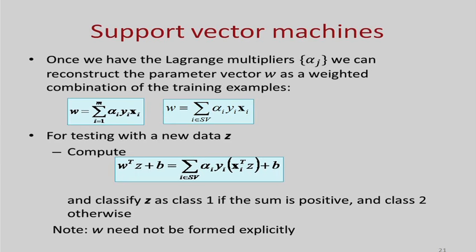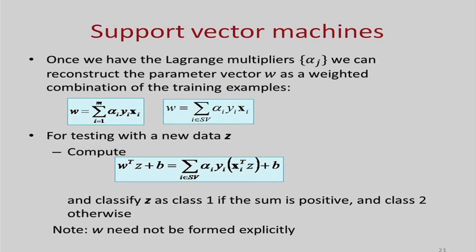Also, when we get a new data point z, in order to find out the output corresponding to this, we can compute W transpose z plus b, which is sigma alpha I yi xi transpose z plus b, and we classify z as class 1 if the sum is positive and class 2 otherwise.